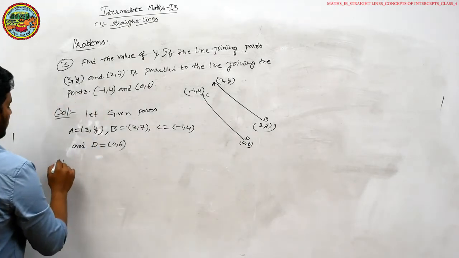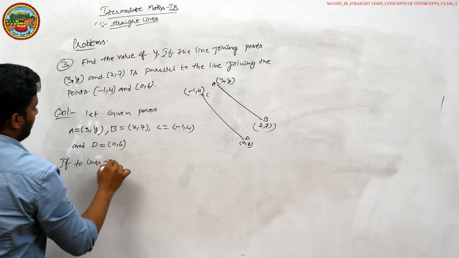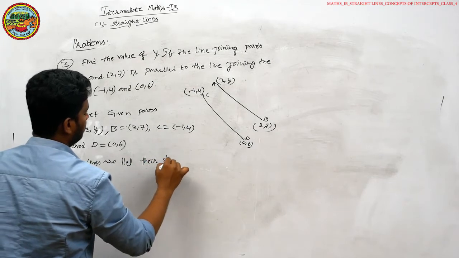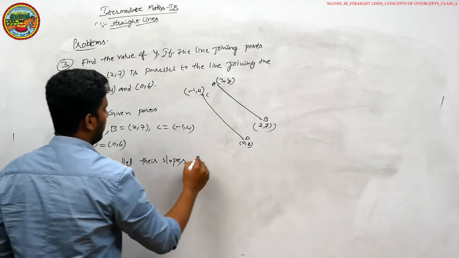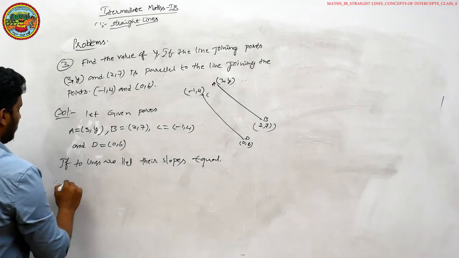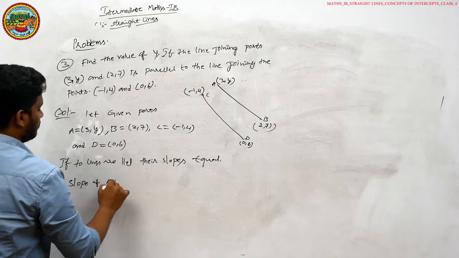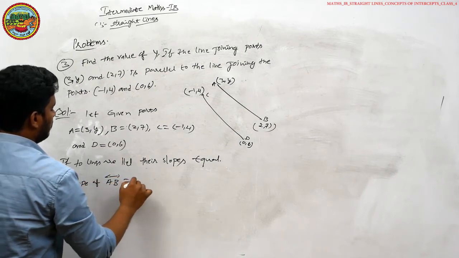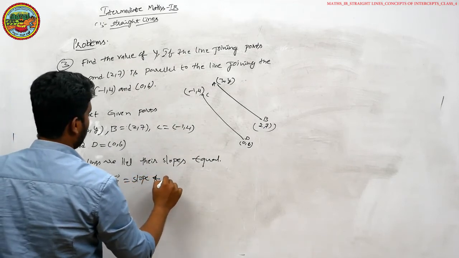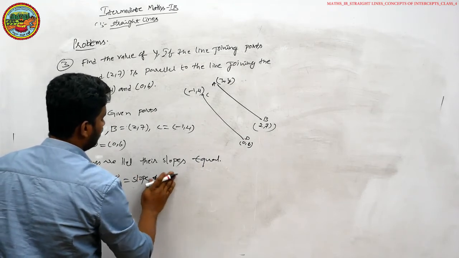If two lines are parallel, their slopes are equal. Therefore the slope of AB is equal to the slope of CD.